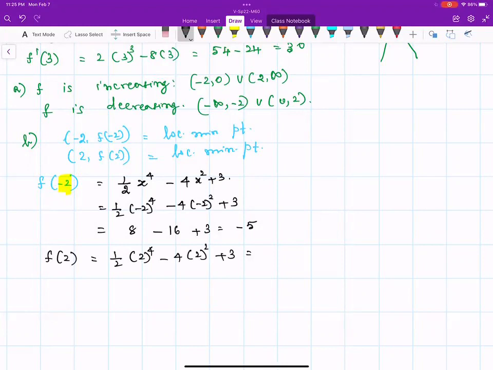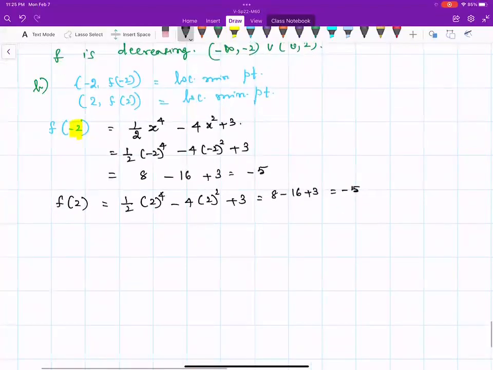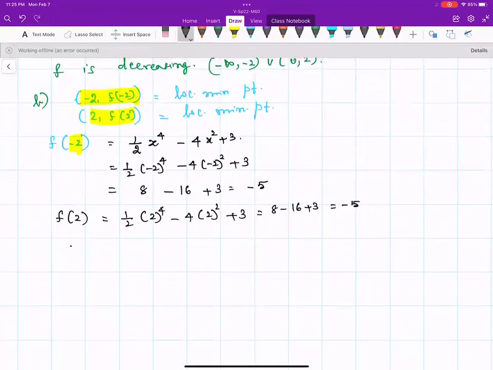That will be 16 divided by 2, which is 8, minus 16 plus 3. So that's also negative 5. So going back to this particular step, we say negative 2, comma negative 5 is the local minimum point, and the local minimum value is always the y coordinate, which is negative 5.